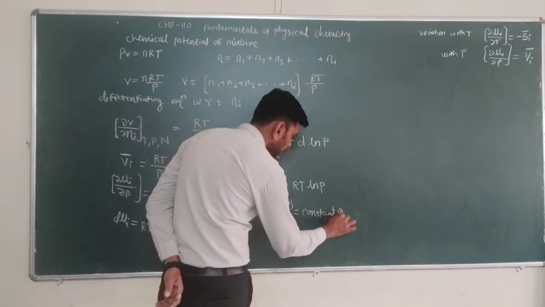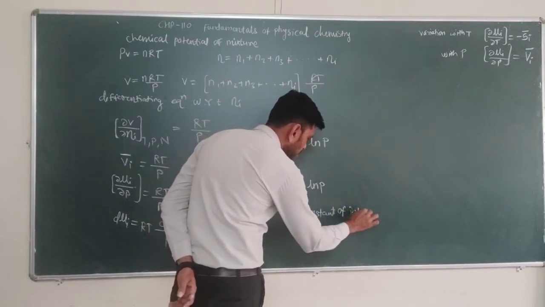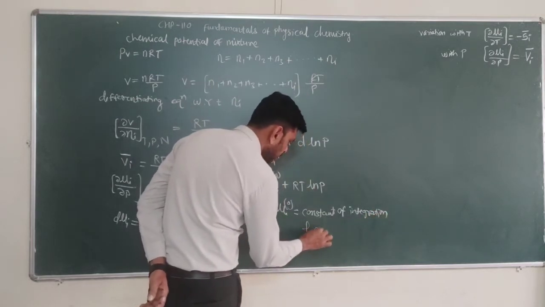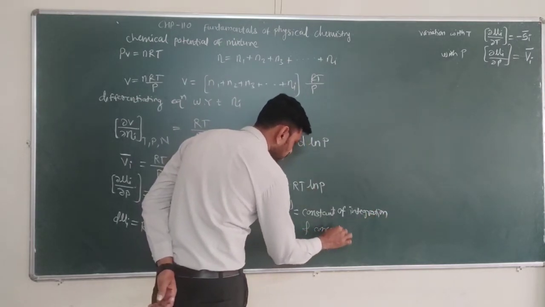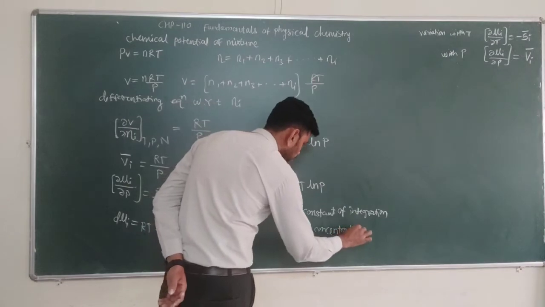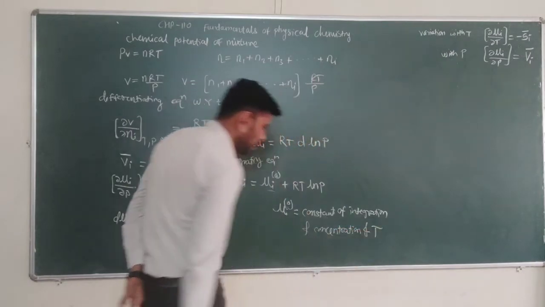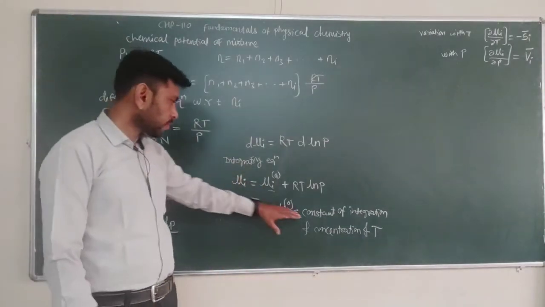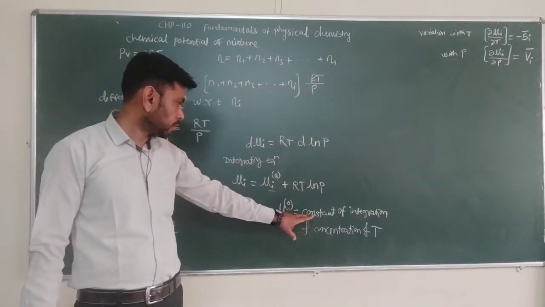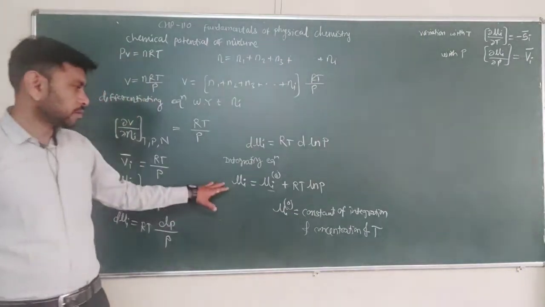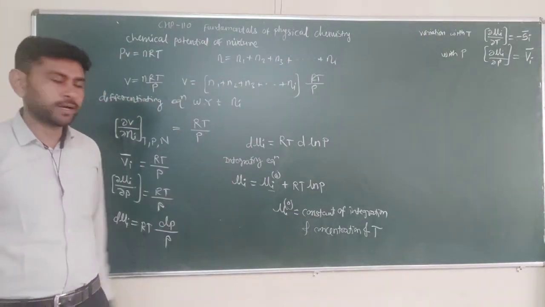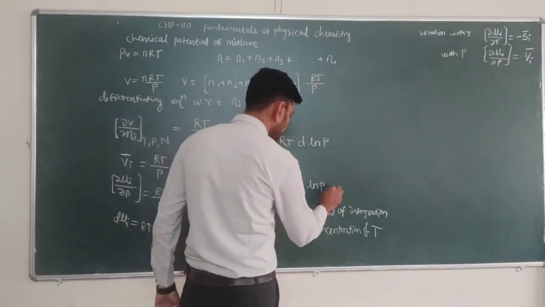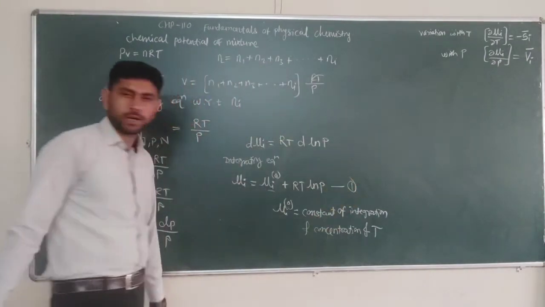It is a constant of integration and depends on the concentration and temperature of the substance. Here we have taken a gas. So we obtain the equation mu I equal to mu I0 plus RT ln P, equation number 1.